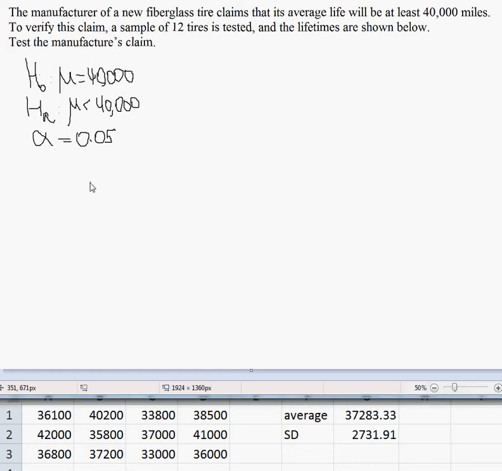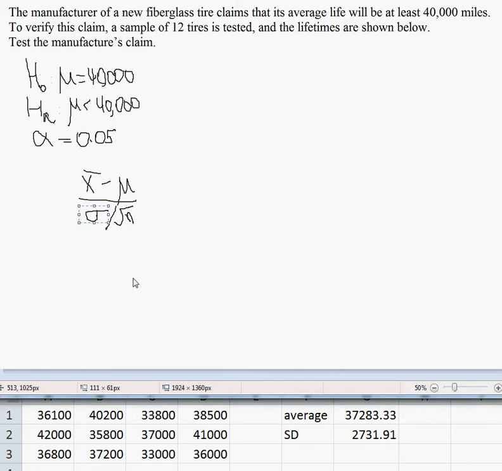So we can use those numbers to compute the test statistic, x bar minus mu, and ideally you'd want to have sigma divided by the square root of n. That's what we did before with the z-test. However, that will be impossible for this problem because sigma is unknown.